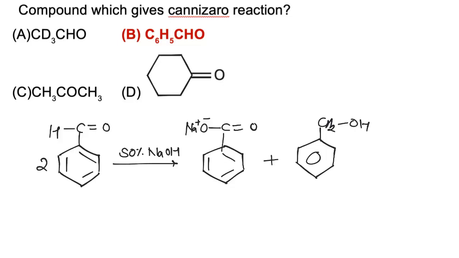While this molecule has 3 alpha deuterium, so it will show aldol condensation reaction. This molecule also has alpha hydrogen, so these molecules will go through aldol condensation reaction, and hence the correct answer is B.